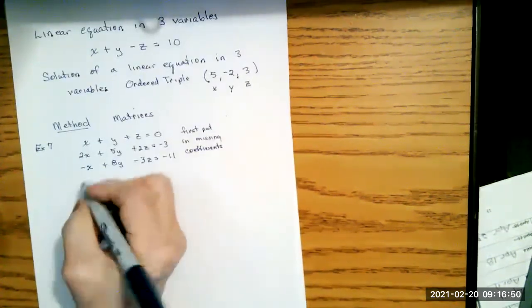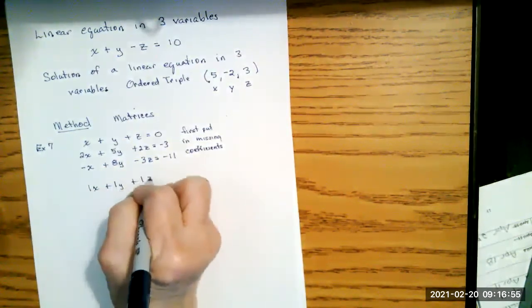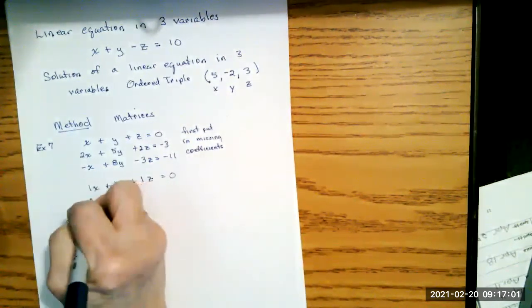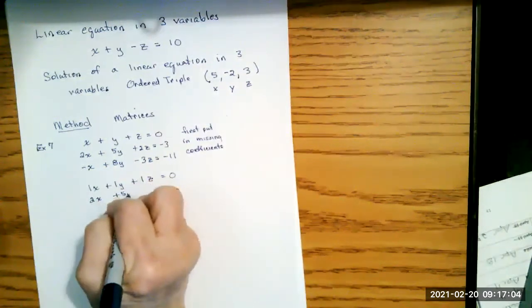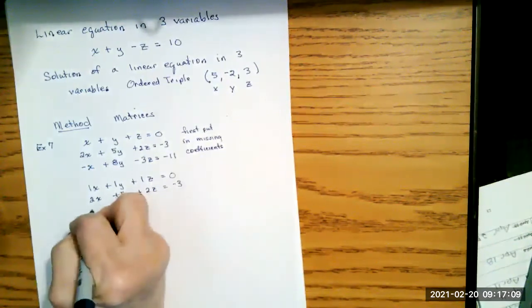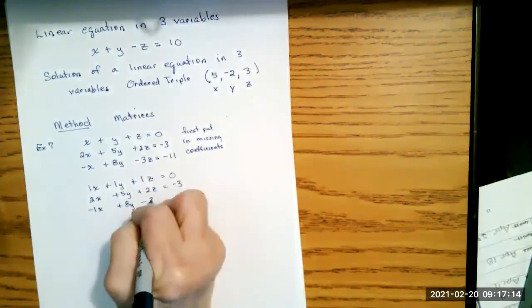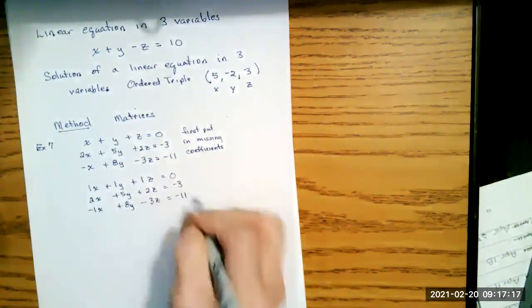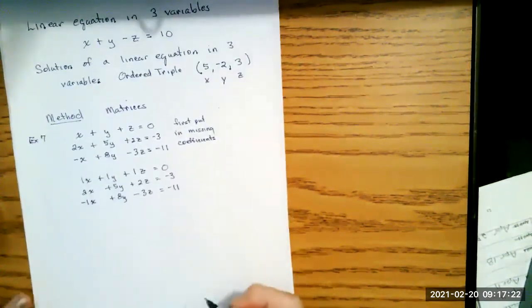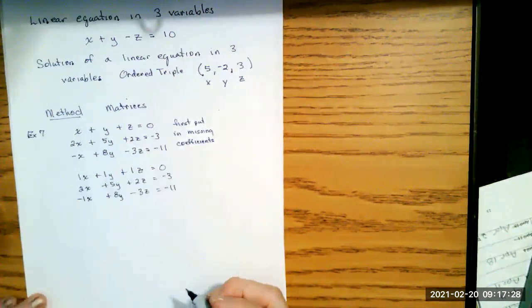When we do that, we'll have 1x plus 1y plus 1z equals 0 in the first one. 2x plus 5y plus 2z equals -3 in the second one. -1x plus 8y minus 3z equals -11 for the third one. Now, we have 3 equations with 3 unknowns, and we have added in all of the coefficients that we were missing.